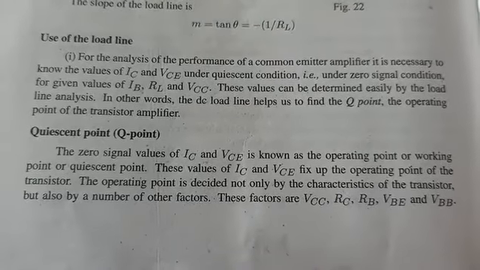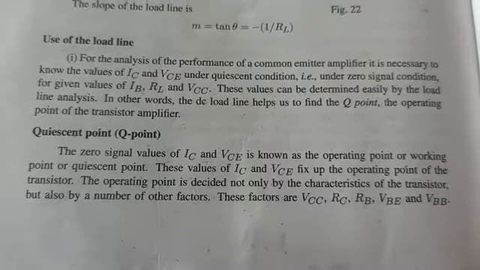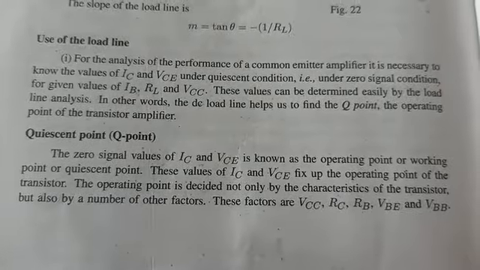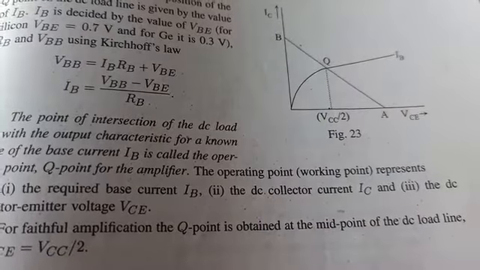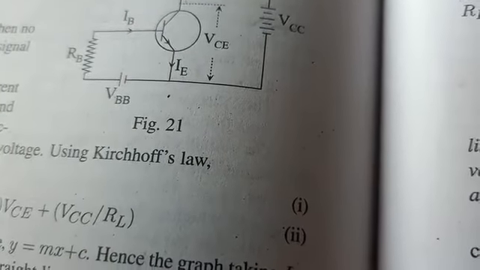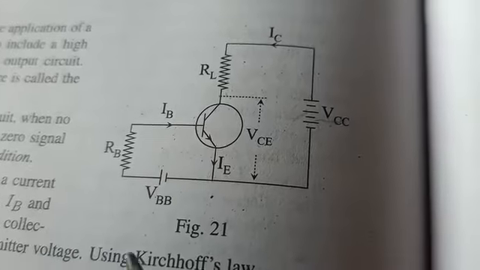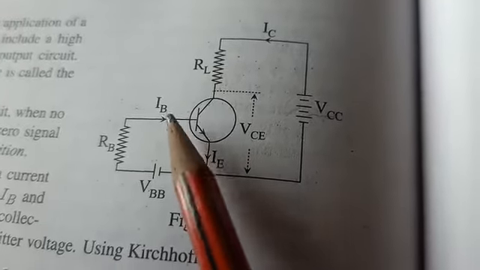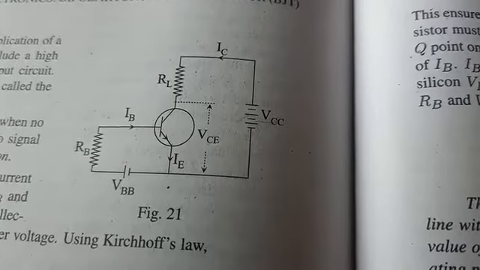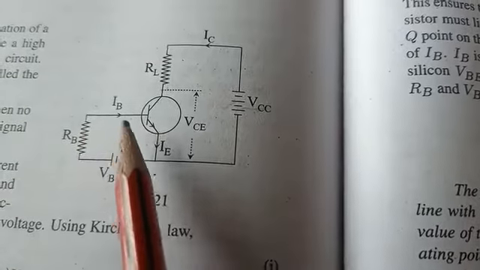The operating point is decided not only by the characteristics of the transistor but also by a number of other factors including VCC, RC, RB, VBE and VBB. VBB, that is the base voltage, is equal to IB into RB plus VBE.